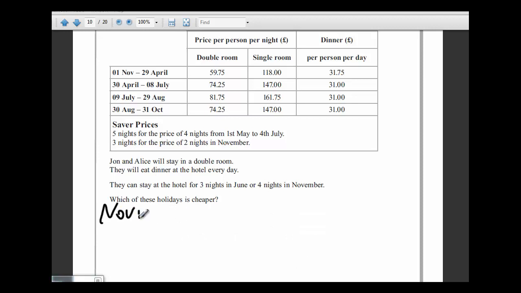So let's work out again for November. In November we got this discount that 3 nights is for the price of 2. So if they stay an extra night, essentially they're getting 4 nights for the price of 3. So we have 2 people staying for 3 nights at £59.75, which works out as £358.50.